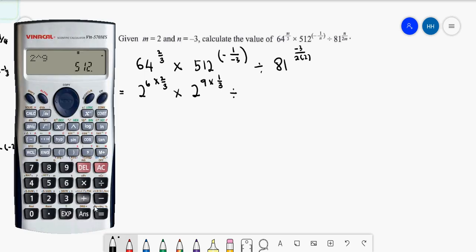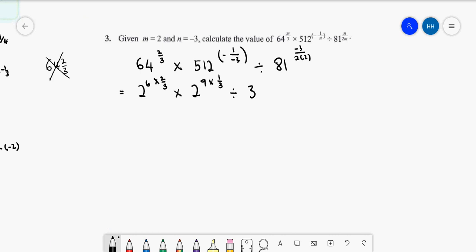You can try. 2 to the power of 6 is 64. 2 to the power of 7 is 128. That is more than 81 already, so 81 cannot be written in base 2. So try 3. 3 to the power of 3 is 27. 3 to the power of 4 equals 81. So 81 is 3 to the power of 4.